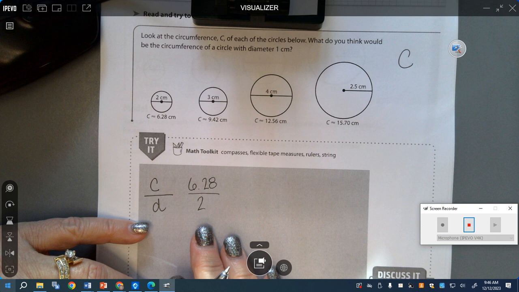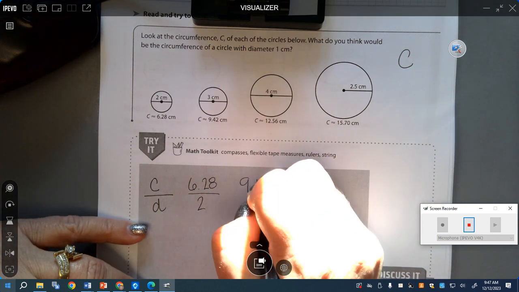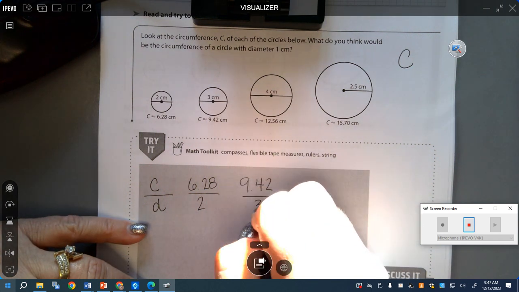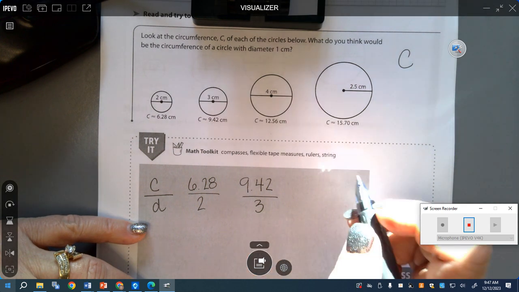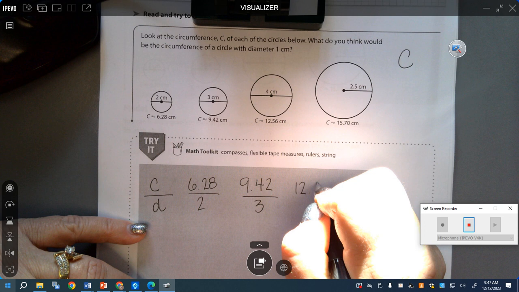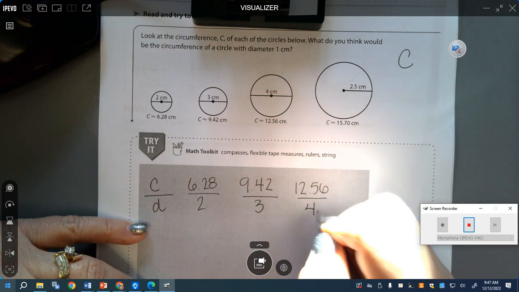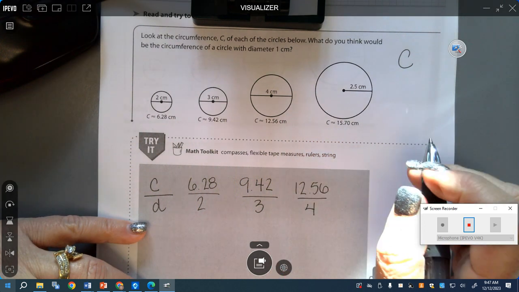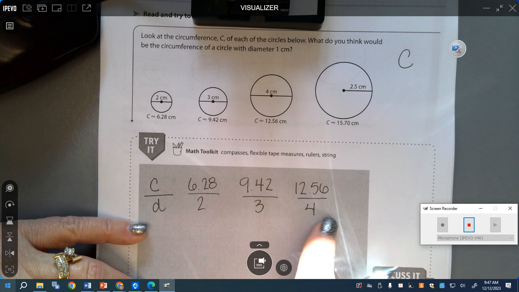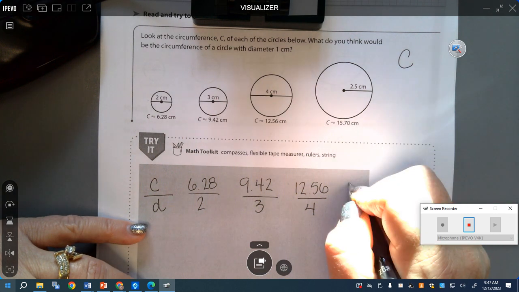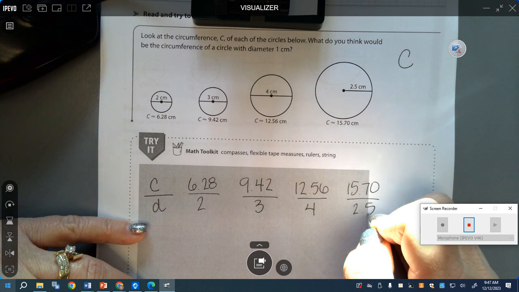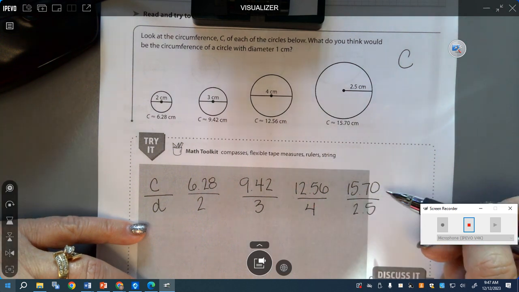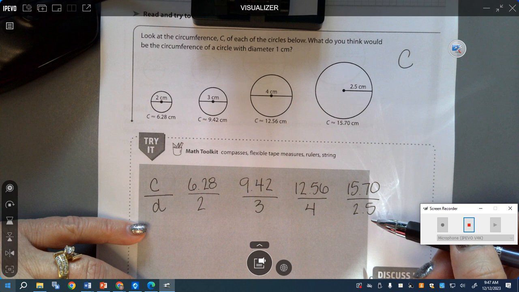The next one is 9.42 with a diameter of 3. The next one is 12.56 with a diameter of 4. These are all in order. This one right here is a little bit out of order, but that doesn't matter. My circumference is 15.70 with a diameter of 2.5.